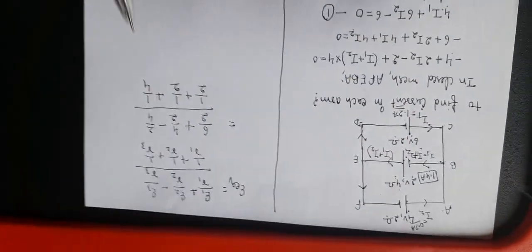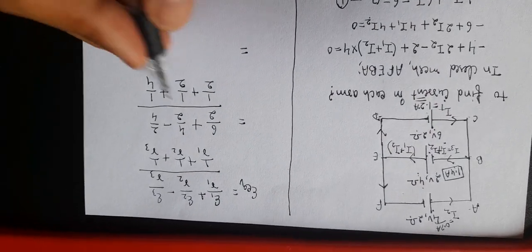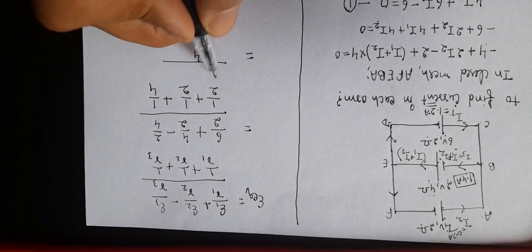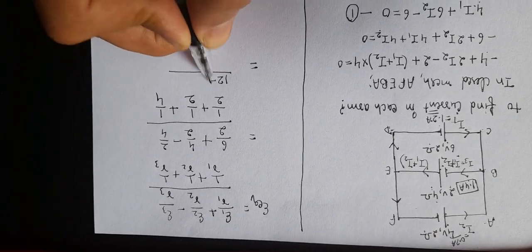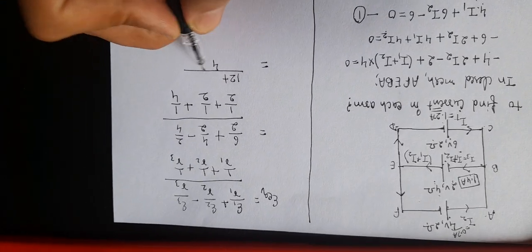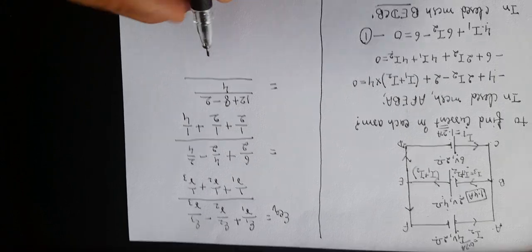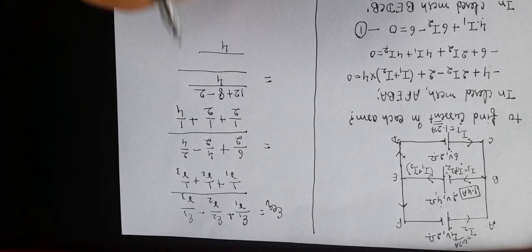Individual resistances we are going to add in the denominator. LCM will be 4, then 6 to 2 to the 4, 2 sixes are 12, 2 fours are 8, minus 2 upon, again we have LCM over here, 4 in the denominator.